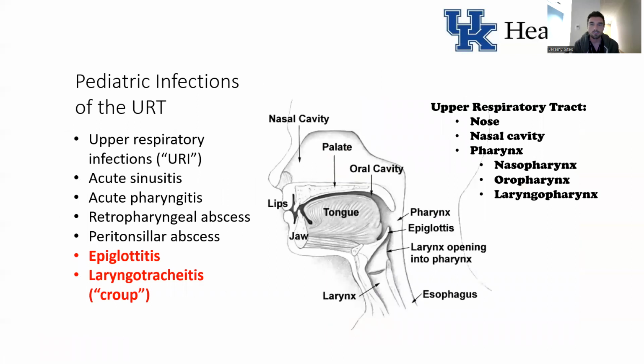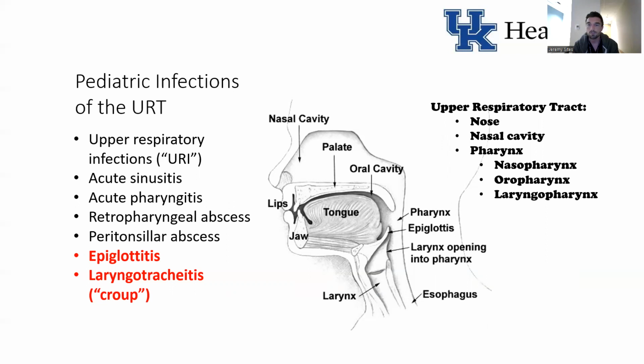So let's start with the first section here on the upper respiratory tract. The anatomy of this is pretty simple and probably a review for most of you. The upper respiratory system, of course, starts with the entry point of airway into the body. That's at the level of the nose or the mouth, then enters either the nasal cavity or the oral cavity.